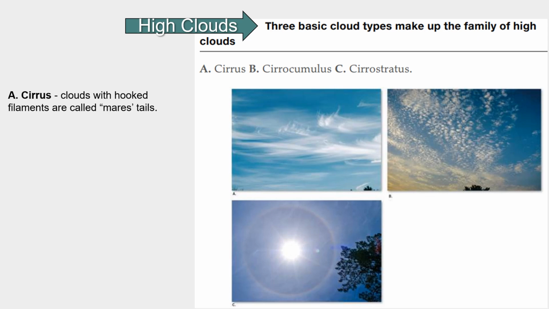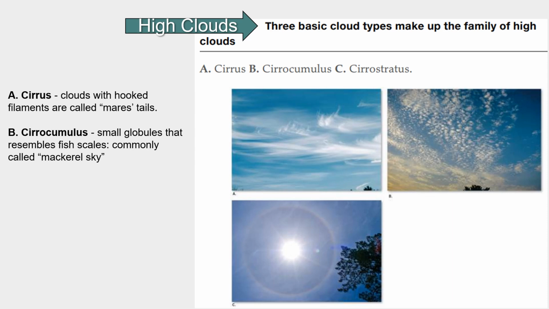The cirrus clouds in this picture, the clouds with hooked filaments, are called mare's tails. It looks like the tail of a mare, or a female horse. In the next picture, B, is the cirrocumulus.